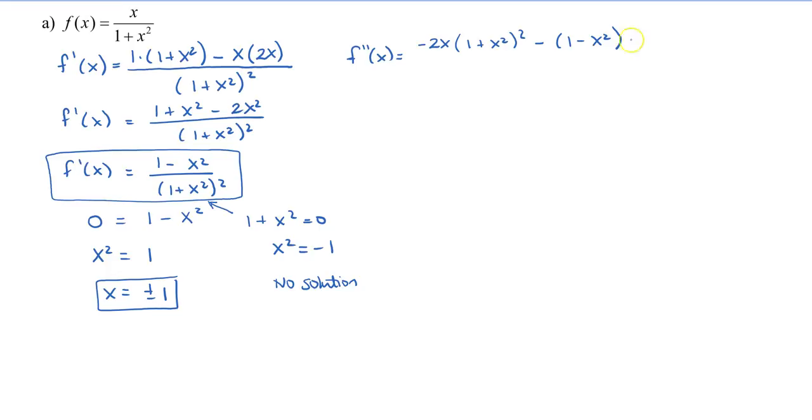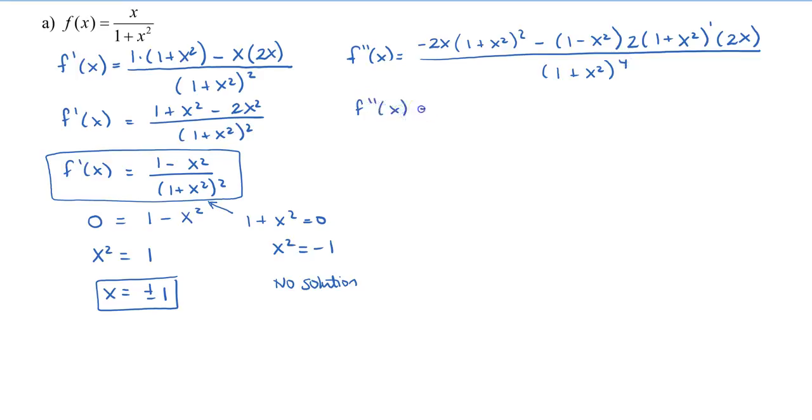So this will be 2 times 1 plus x squared, which is now to the power of 1. And now we need to use the chain rule to do the derivative of the inside, which will be 2x. And then all of this will be divided by 1 plus x squared, now to the power of 4.